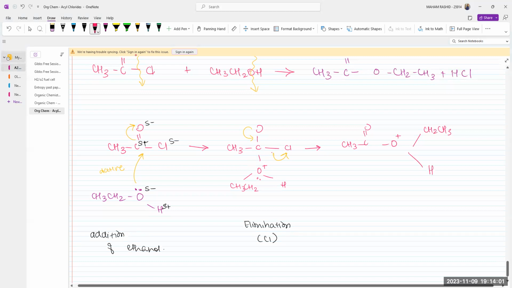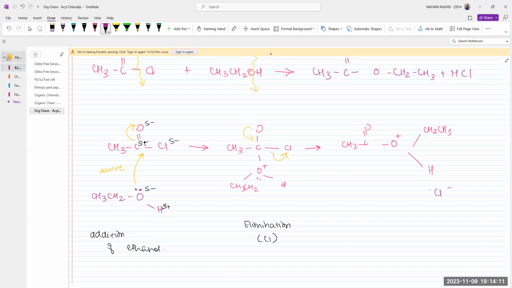Either you have a hydrogen left. Now this hydrogen, we will have an extra added step. Why? Because when the chlorine breaks off, the chlorine will react with the hydrogen that you have, right?